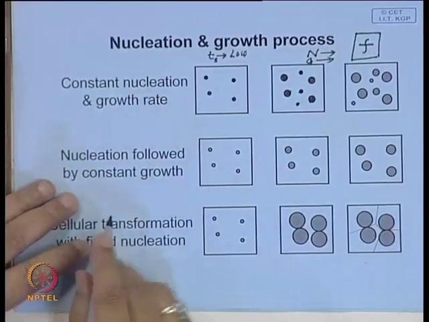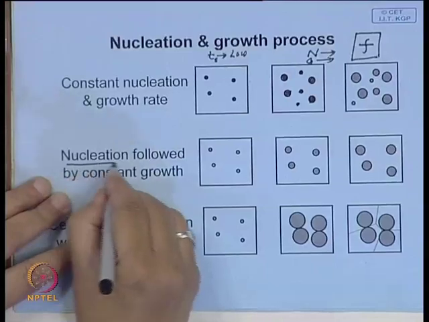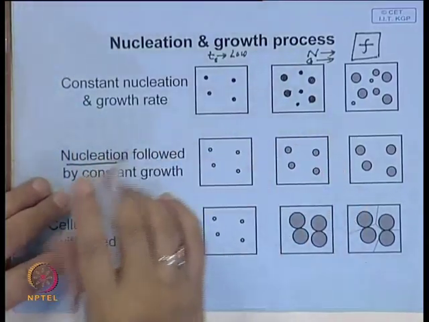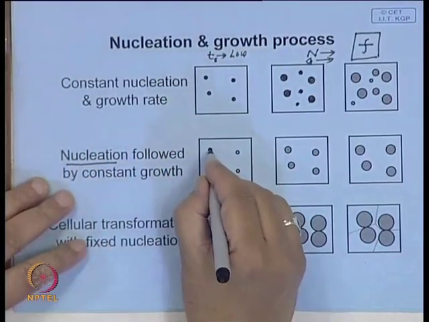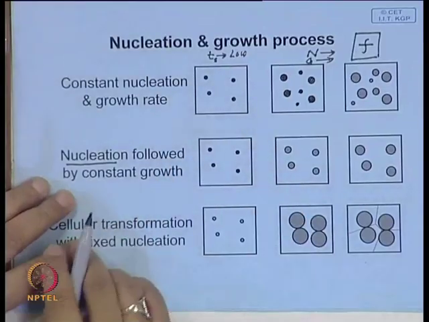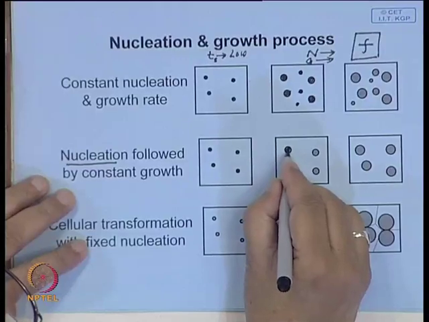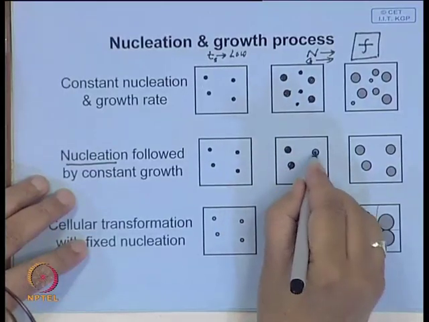Similarly, there can be another case where the process is first nucleation: there are certain specific sites where nuclei can form, and once these sites get saturated and all these nuclei have formed, then only growth can start. So, this can be one way of looking at it.